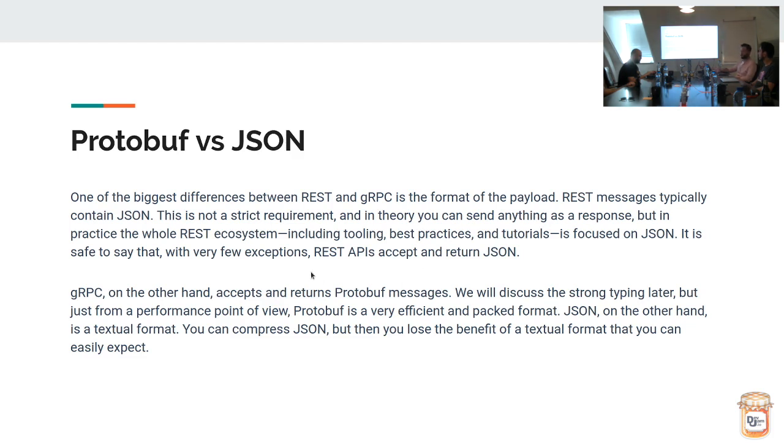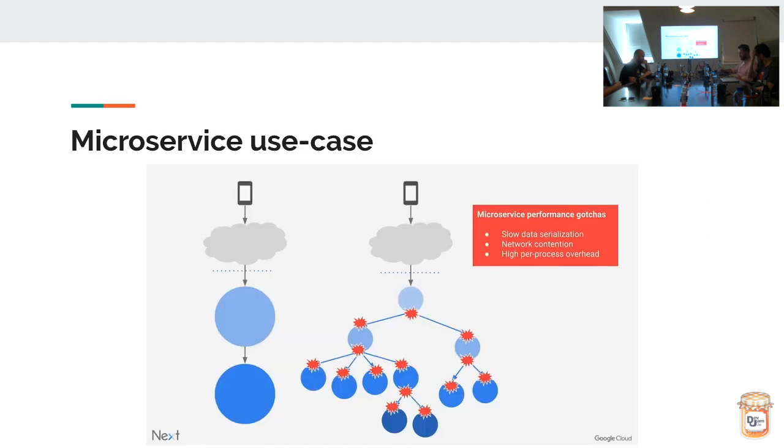But generally, JSON is the standard for REST, and everybody is used to using that. On the gRPC side, protobuf is the default, so most of the people will probably use protobuf here.